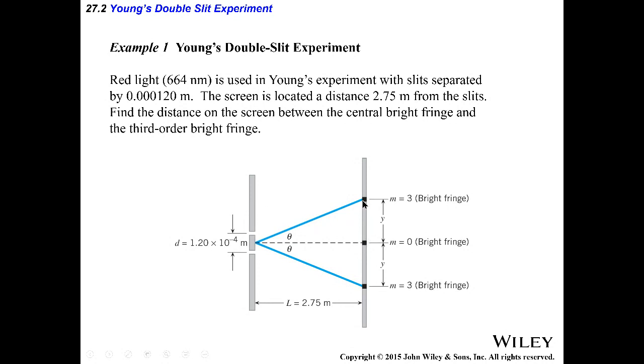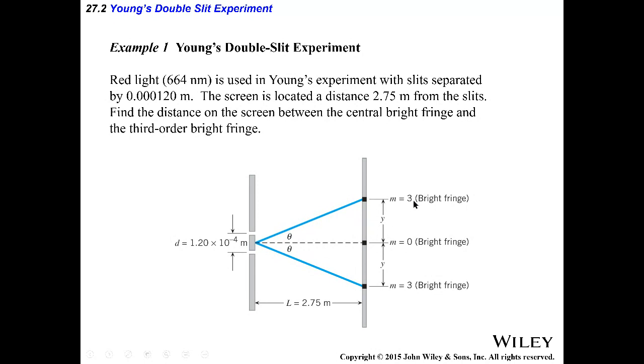But over here, the path that the ray from this slit had to take is longer than the path of the ray from this slit, and differs by half a wavelength. If it differs by half a wavelength, they will be 180 degrees out of phase. When you are up, I'm down. When you combine, it becomes dark. Over here, it will be dark in between.